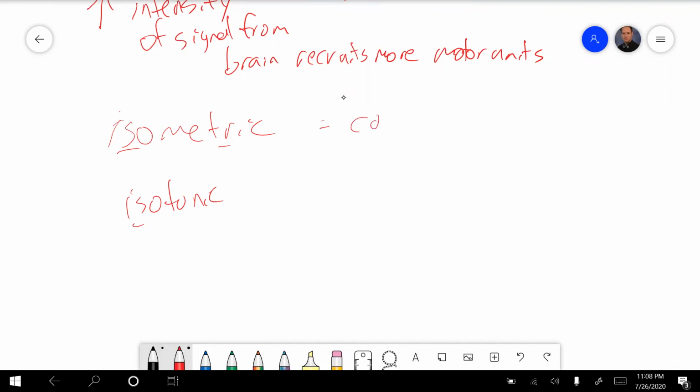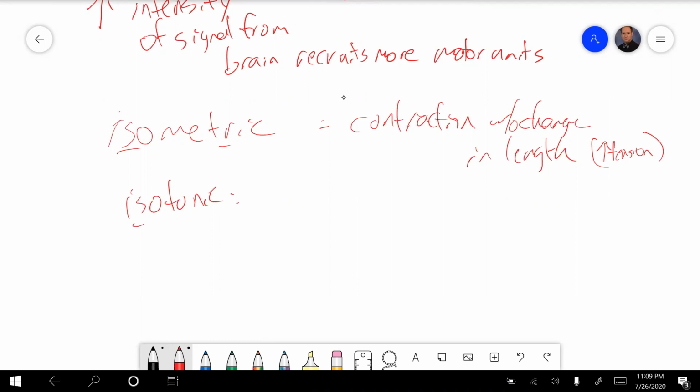So this is a contraction without a change in length. Think about going out and trying to lift your car. You're not going to lift your car, but you can try. And you can feel the tension increase in the muscle. So we get increased tension, but no actual movement. That's isometric.